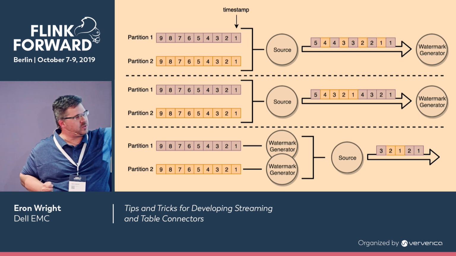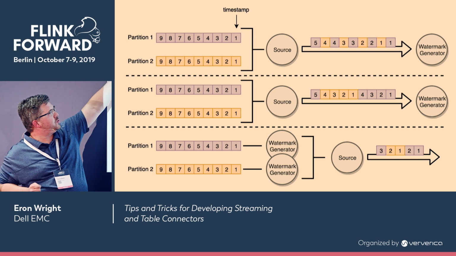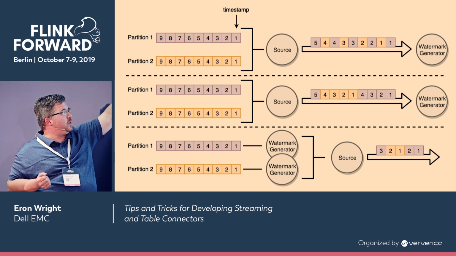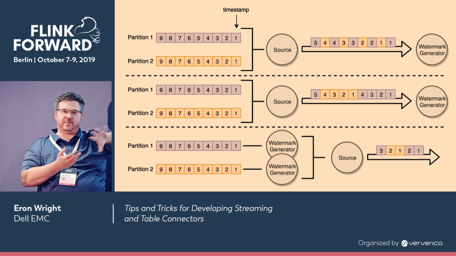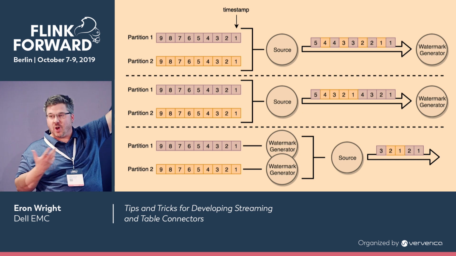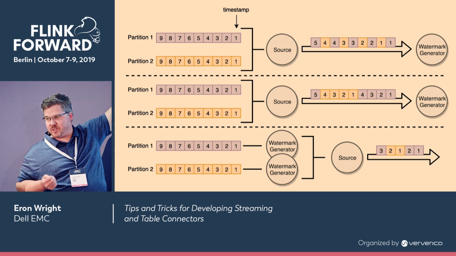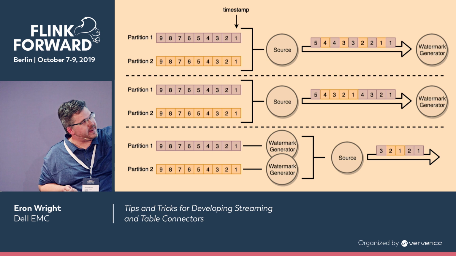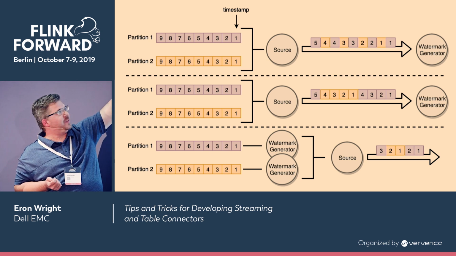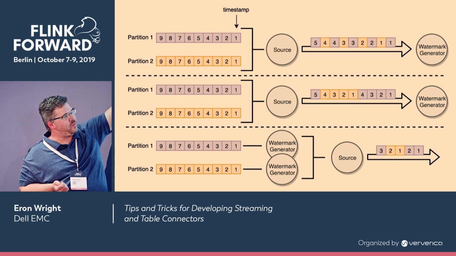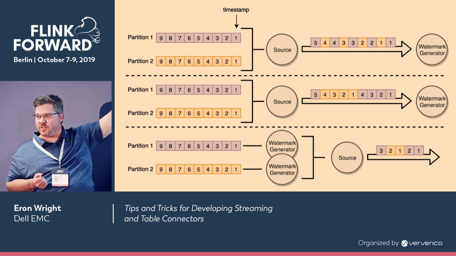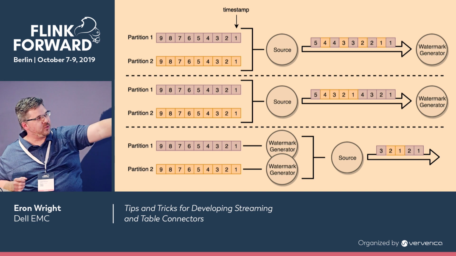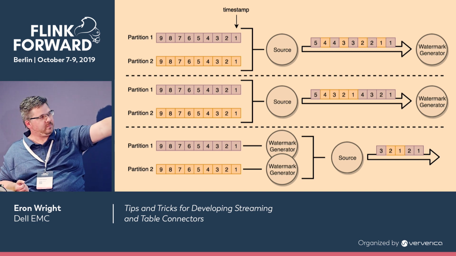Imagine that my source was developed such that it drained all of one partition before another. Or let's say that one partition is located on a different server than another, and so it's slow, like there's some network speed difference between these 2 partitions. In that scenario, the source might emit a lot of the purple partition, partition 1, before emitting some of partition 2. Now think about your poor user who's going to write a watermark generator.